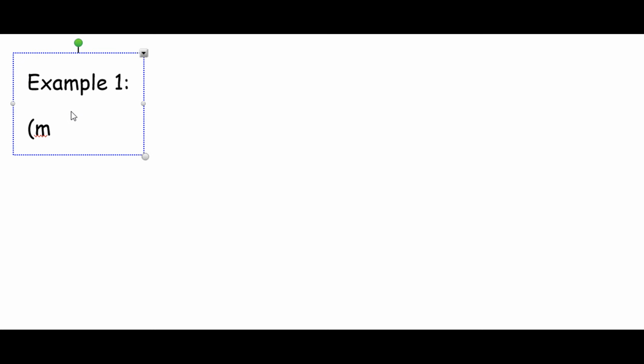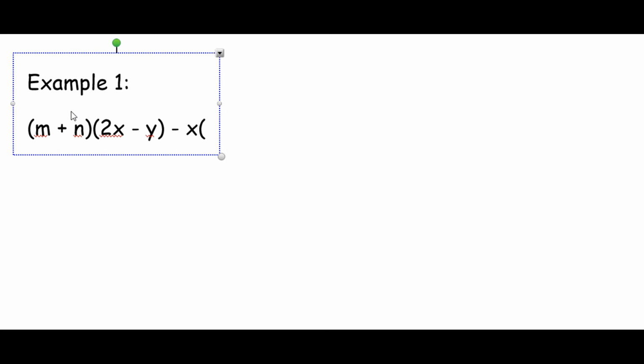(m plus n)(2x minus y) minus x(m plus n).